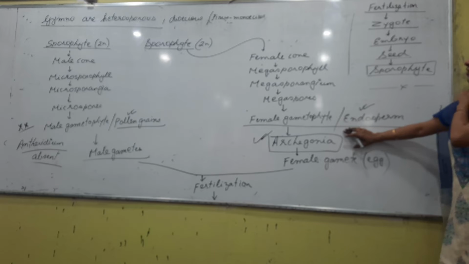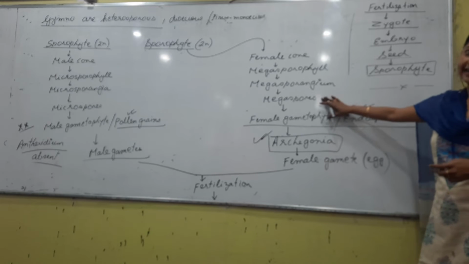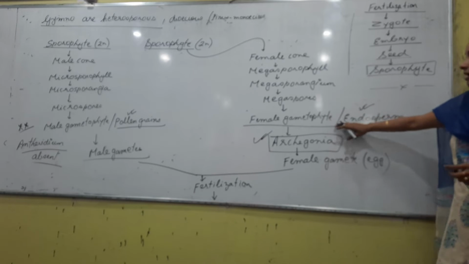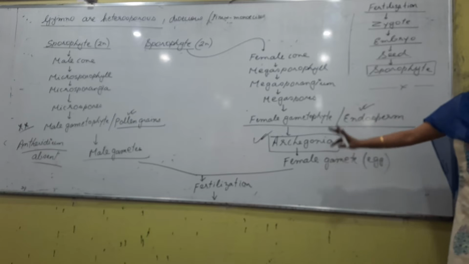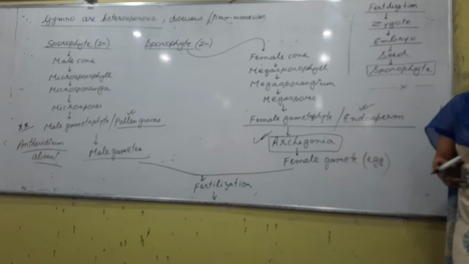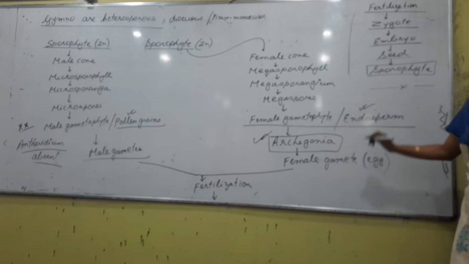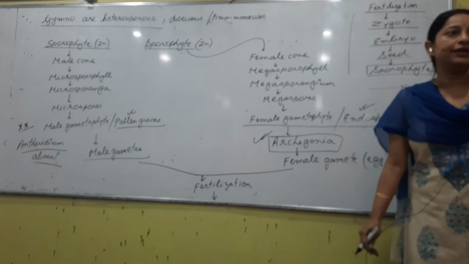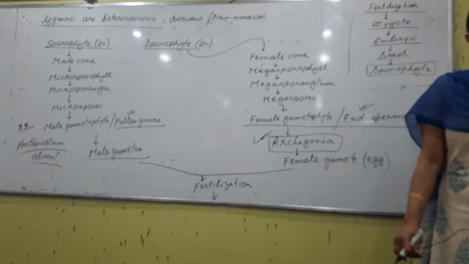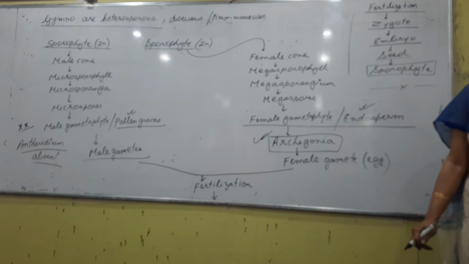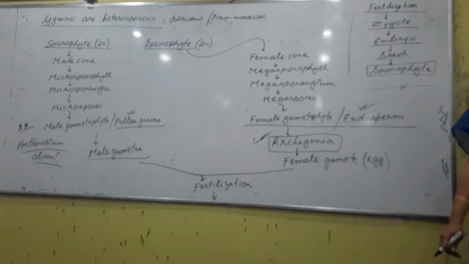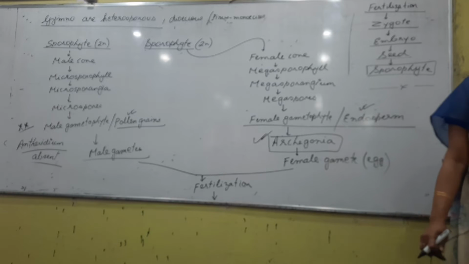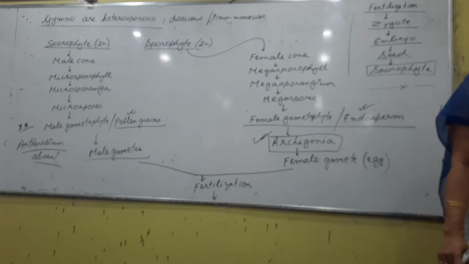Second point, in the case of the female gametophyte, we understand megaspores will germinate to form the female gametophyte. The female gametophyte in the case of gymnosperms is also called the endosperm, right? So endosperm is a word that you have already studied. Whenever we use the word endosperm, we generally remember a statement saying that it is the product of double fertilization.